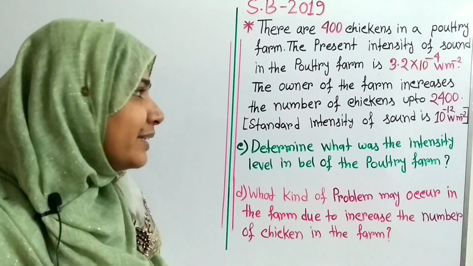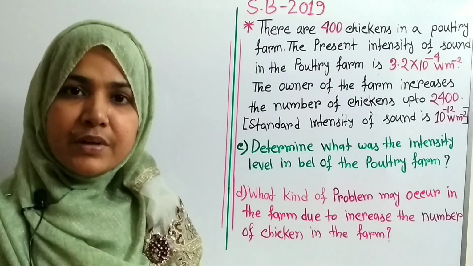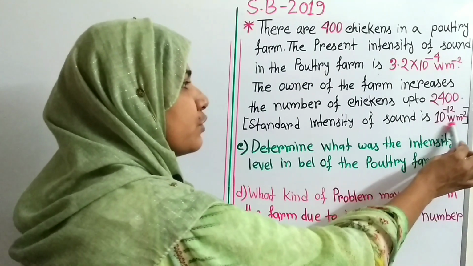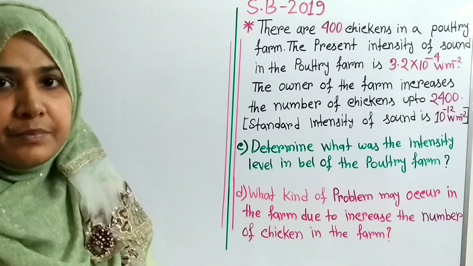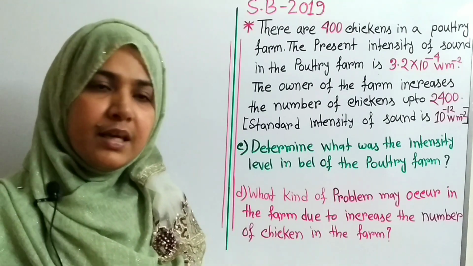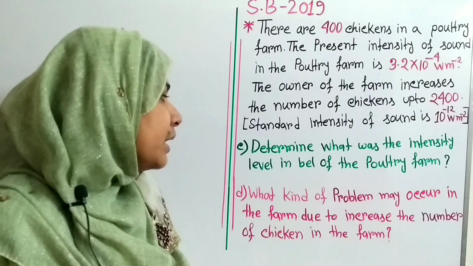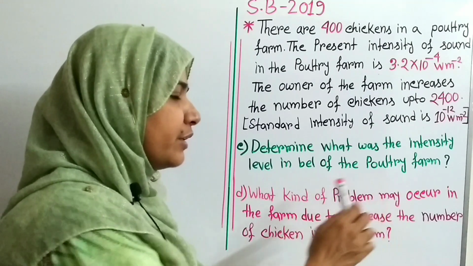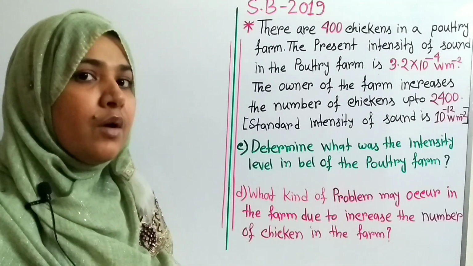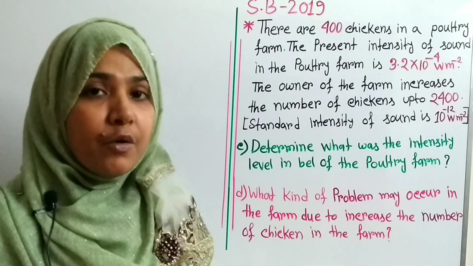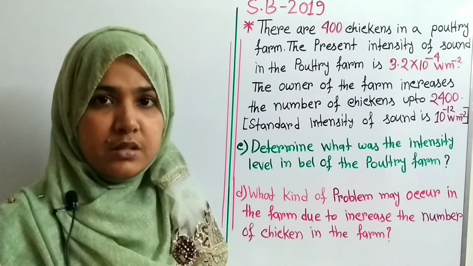Here, the standard intensity of sound is also given. The value is 10 inverse 12 watt per meter square. Now, question C is, determine what was the intensity level in bel of the poultry farm. That is, we need to calculate the value of beta in bel unit.